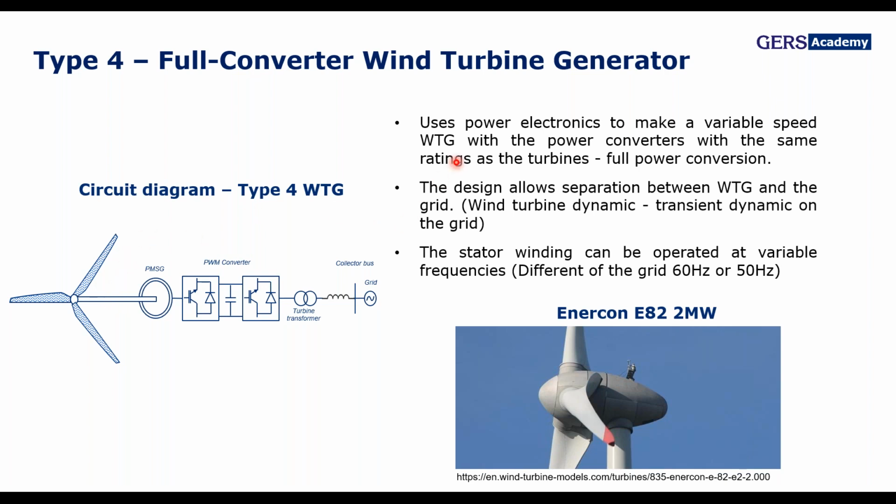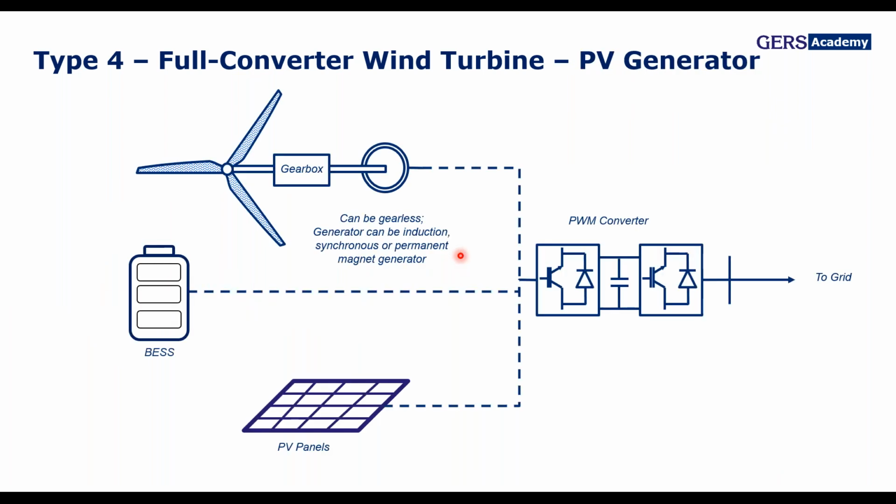As mentioned here, the model uses power electronics to make a variable speed wind turbine generator using full power conversion, and actually can be connected to different frequencies. As I just mentioned, that represents a wind turbine or a battery system or a panel that are interconnected with an inverter to the power grid.